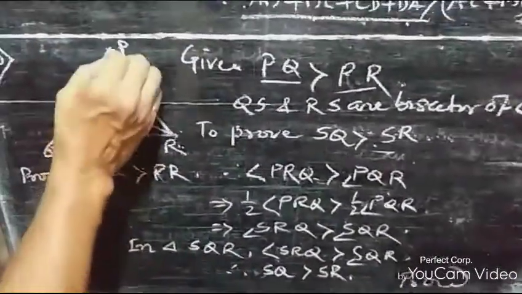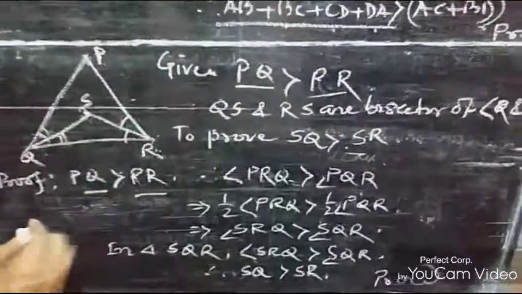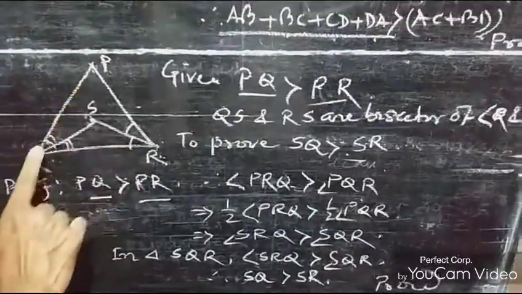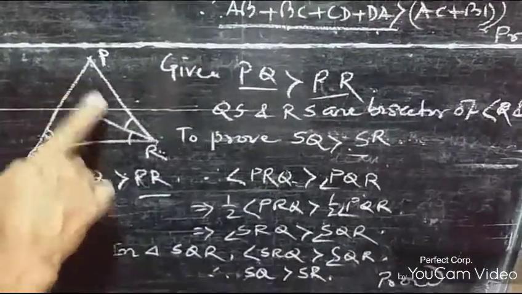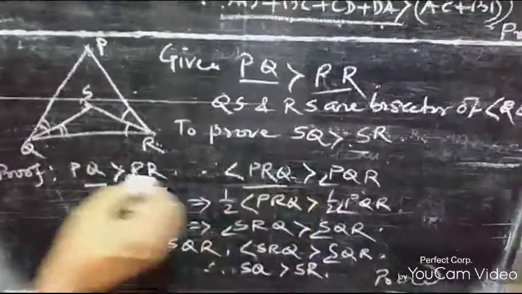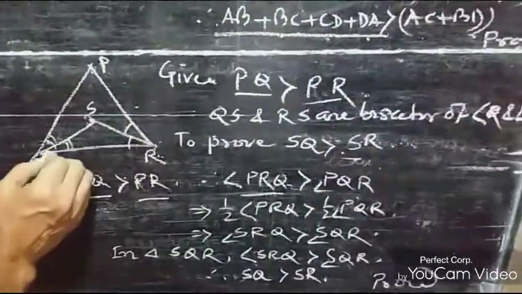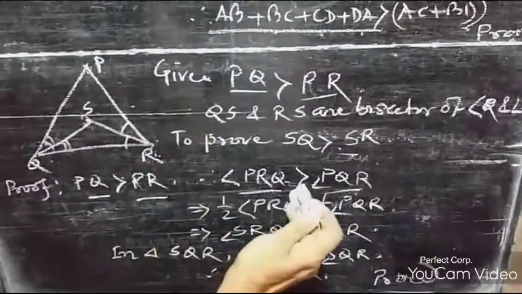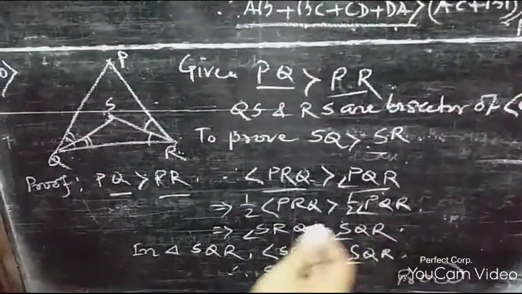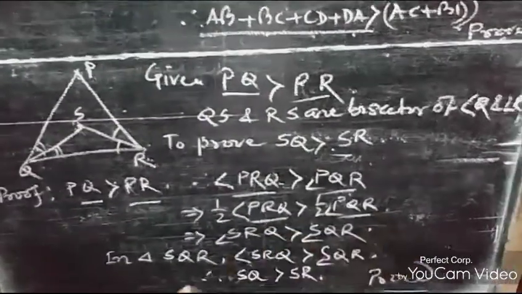Here it is given PQ is greater than PR. So the angle opposite to PQ is angle PRQ, and the angle opposite to PR is angle PQR. So angle PRQ is greater than angle PQR. Now if I take half of both sides, half of PRQ is greater than half of PQR.